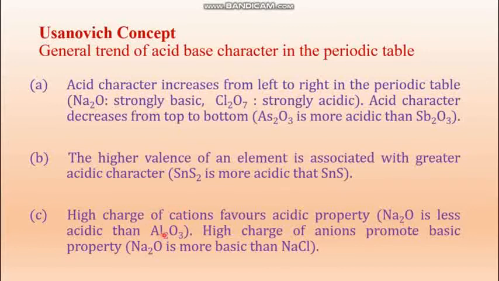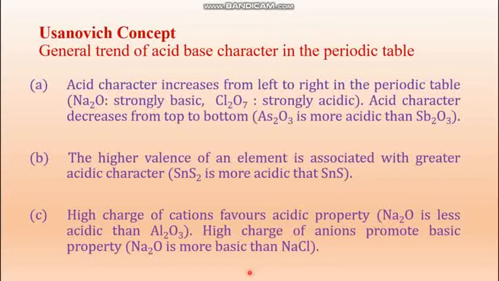This is known as also alumina. Now oxygen is common here, but the charge of the cation here is +1 and here is +3. So naturally +3 charge should be more acidic than +1 charge. Definitely this explains why alumina is more acidic than sodium oxide.